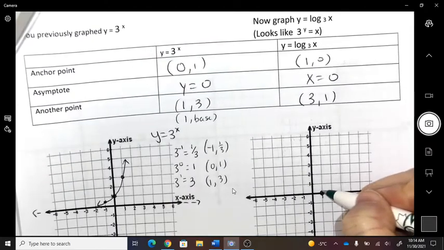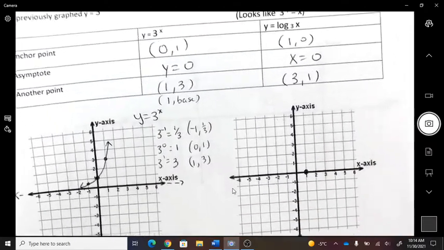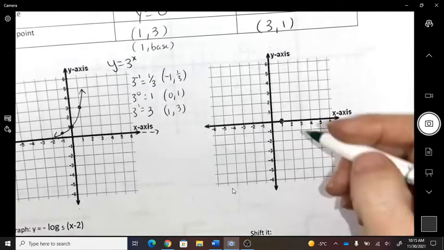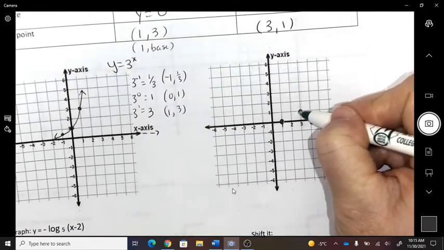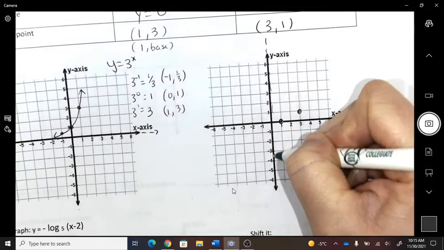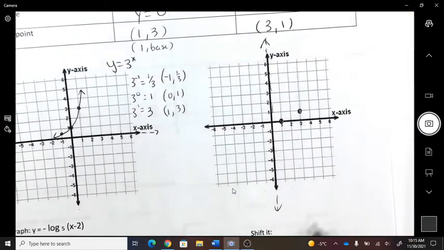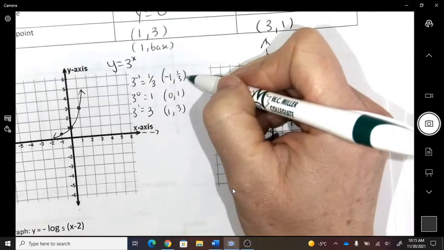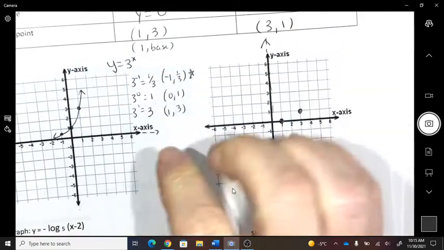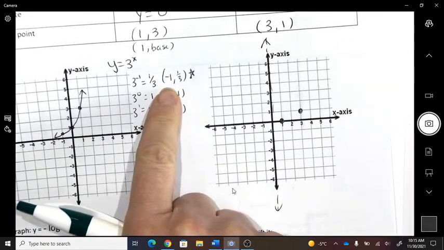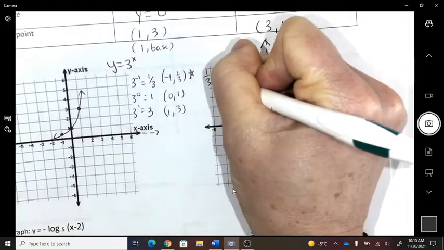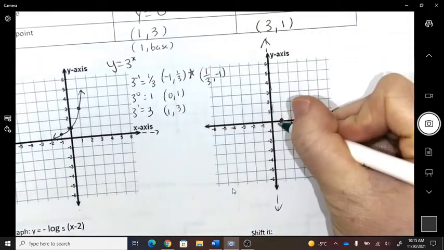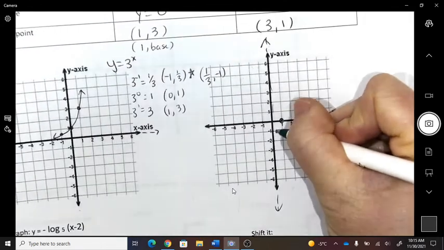Okay, so there's that. 1, 0. There's 3, 1. Here's the asymptote. If you want a third point, what's the coordinate of this third point? 1/3, -1.